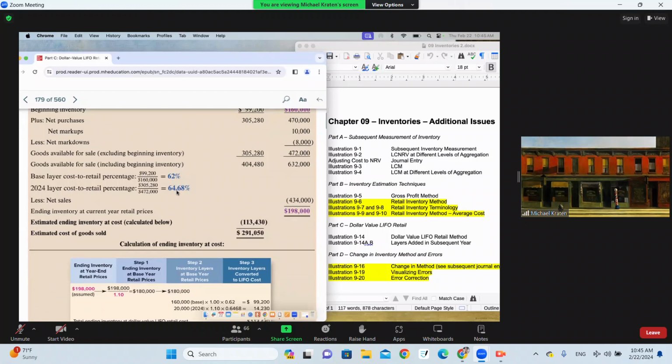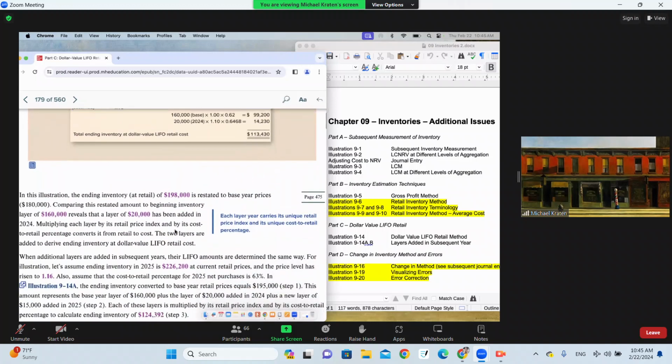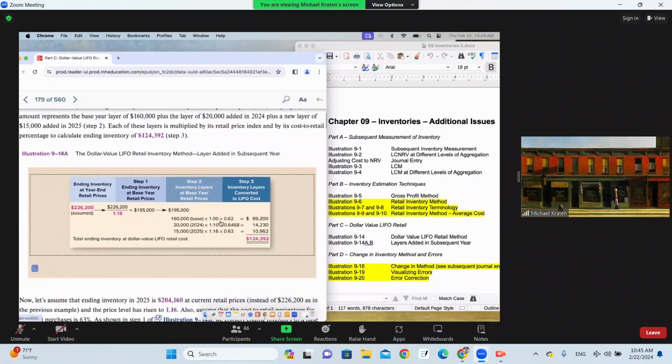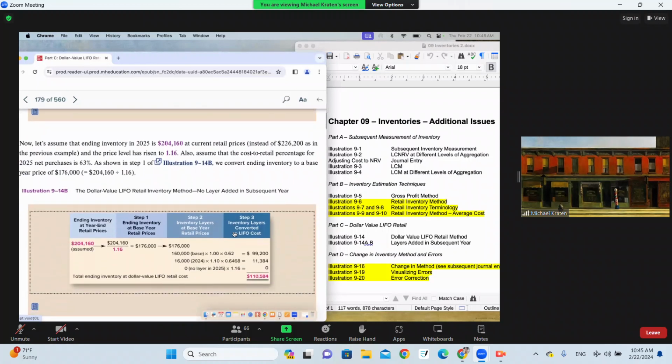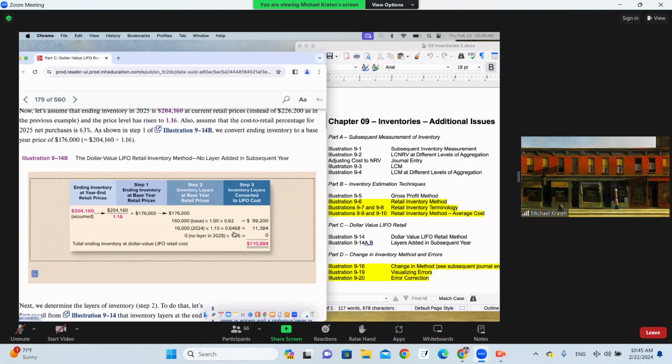See, up here we had two different percentages: 62, the older stuff, and 64.68, the newer stuff. Those percentages are carried down here, but we have even newer stuff, even more purchases, which itself has a ratio of 0.63.